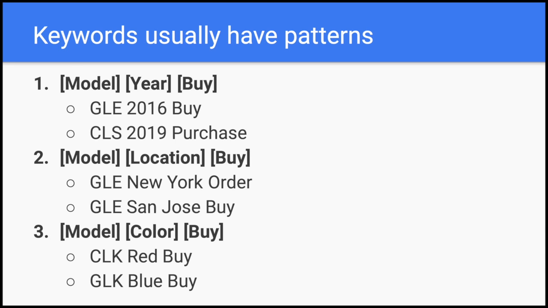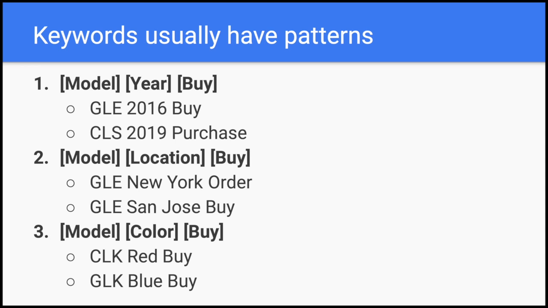For example, CLS 2019, 2018, 2017, 16, purchase, CLS 2019 purchase, buy, order, where to buy, closest shop, or CLS, GLE, GLK, SLK. If you just put any model, any year, and any way of buying, all these keywords make sense.